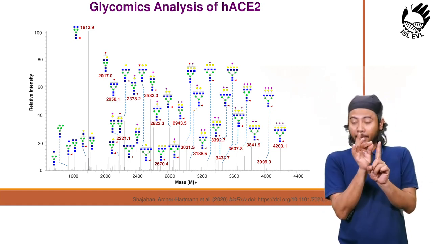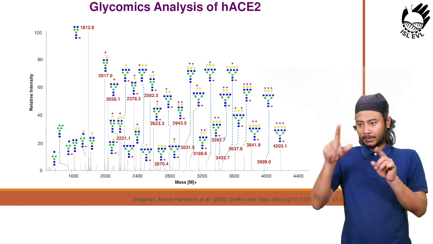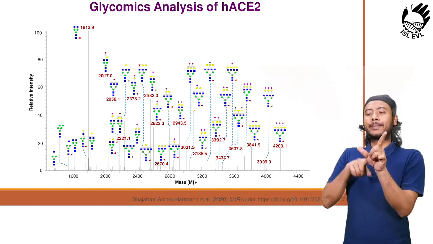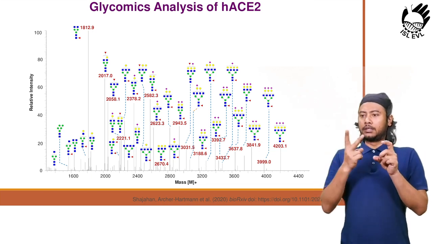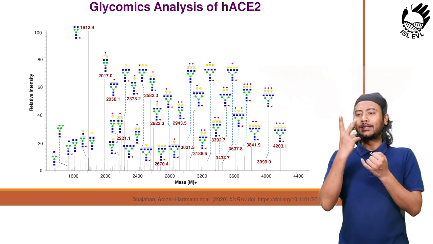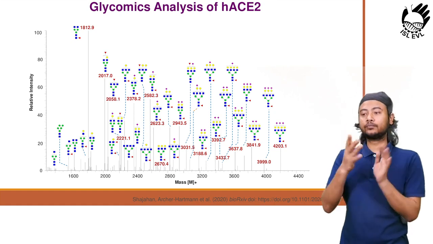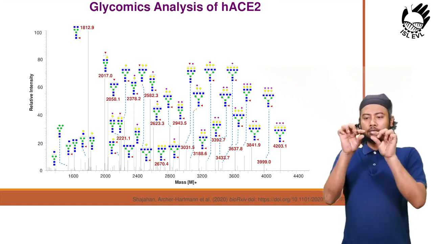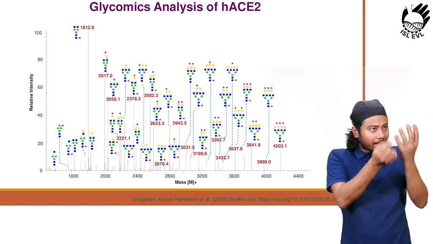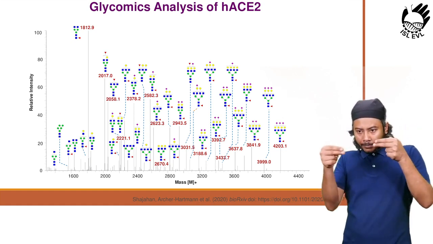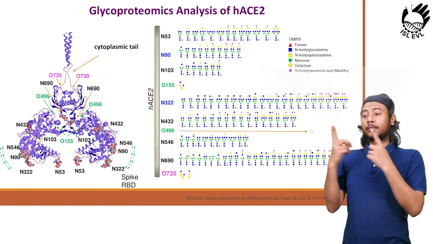So the glycans are released from the glycoproteins and then derivatized by methylation. That improves the sensitivity of the glycans, and then we could see peaks like this. This is MS1, not MS2. So based on the MS1 mass, we annotate the glycan structures.